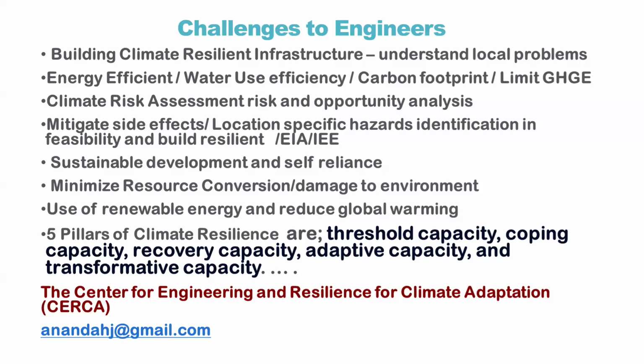Can I just say something on this? Of course, when you say challenges to engineers, this won't have that much of an effect if you're building a 5-story, 6-story or 10-story building.